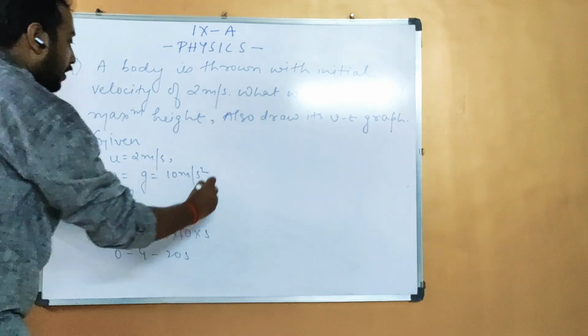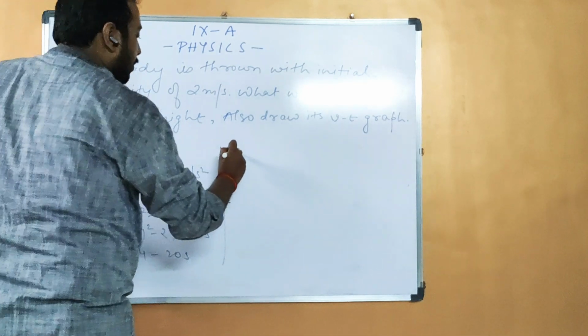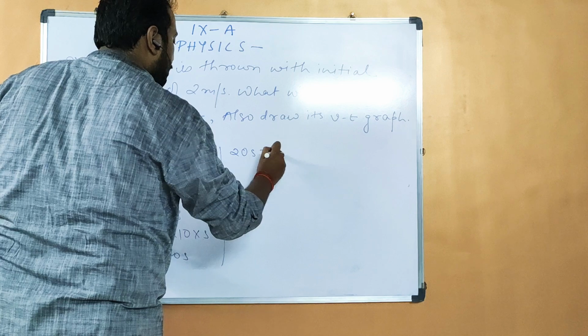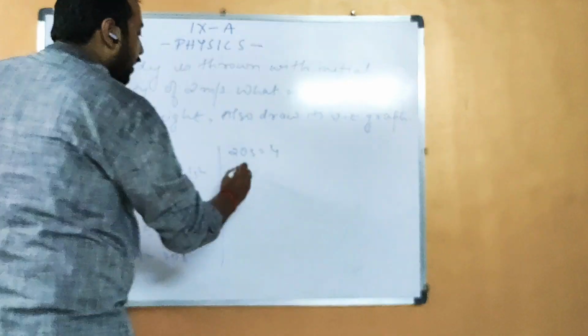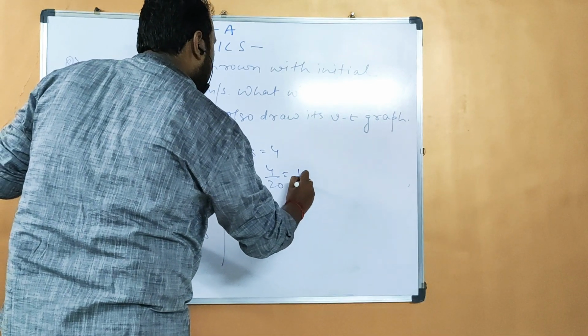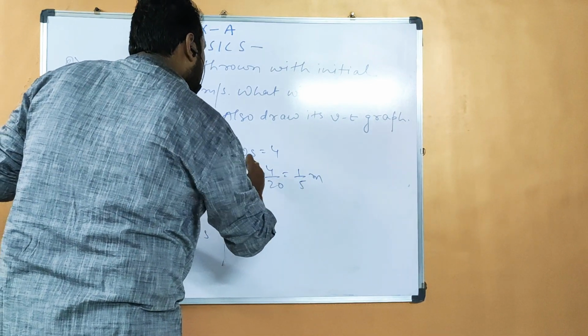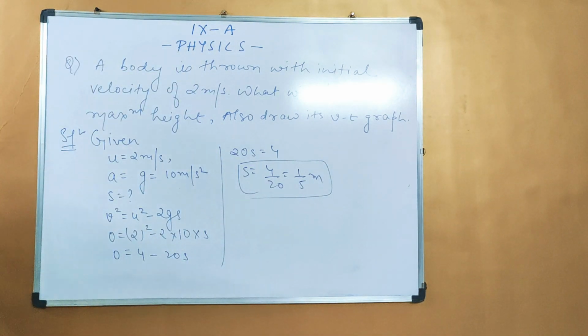Now if we put minus 20S on this side, 20S is equal to 4. Then S is equal to 4 by 20, that is equal to 1 by 5 meter. So this will be the maximum height covered by the body.